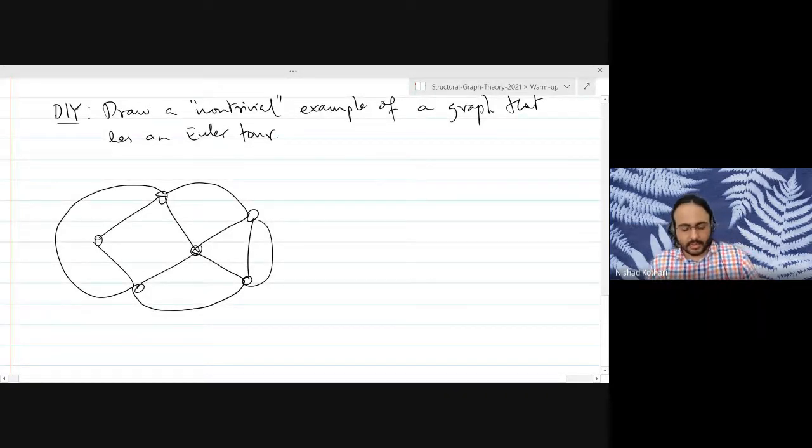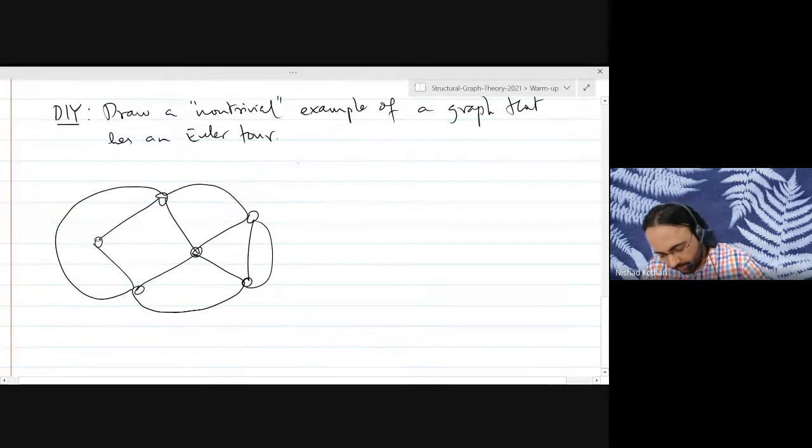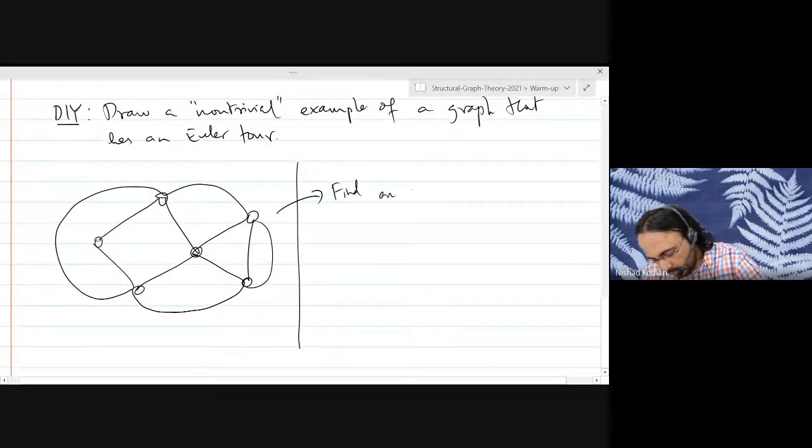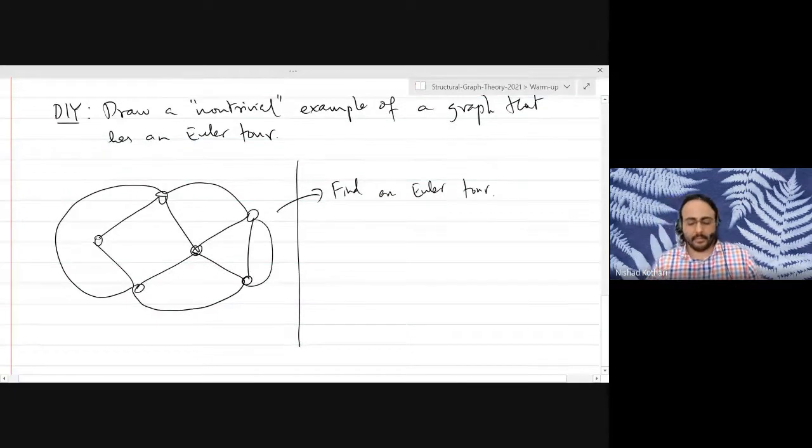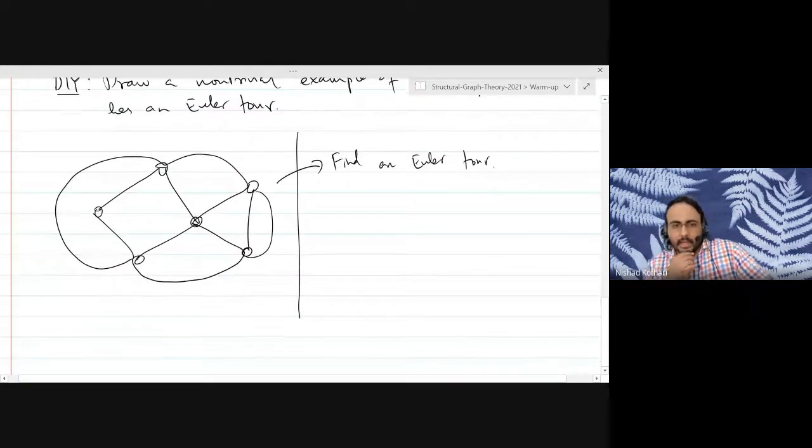So here is a graph where you can actually find an Euler tour. I'll leave it to you.